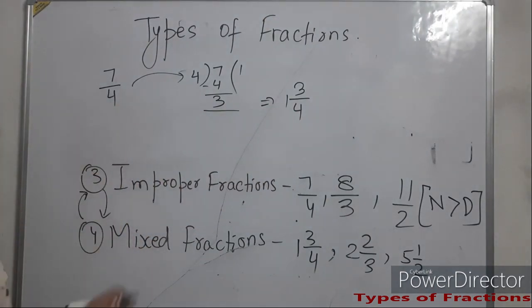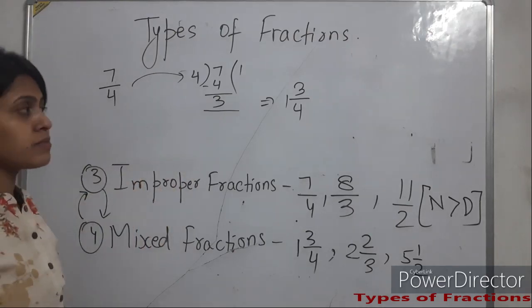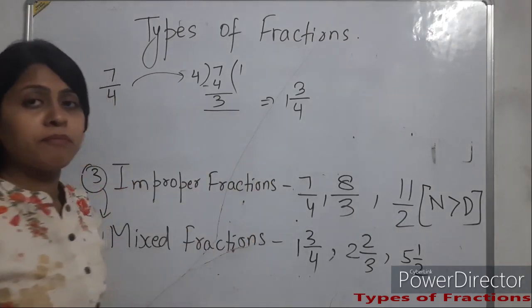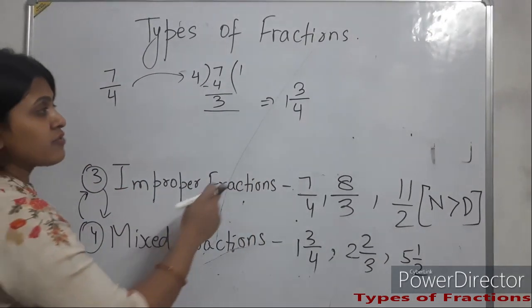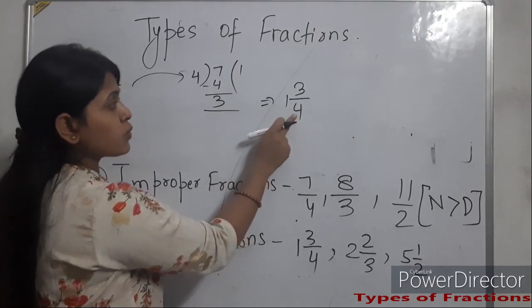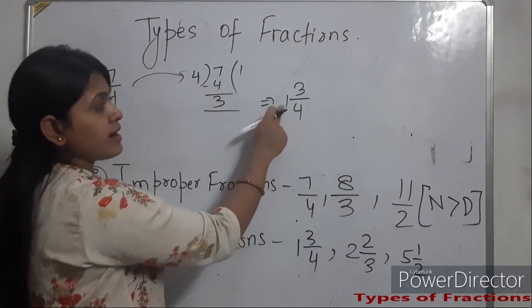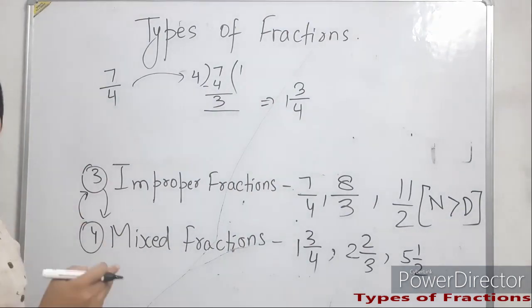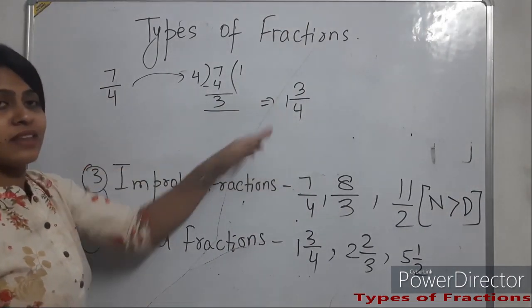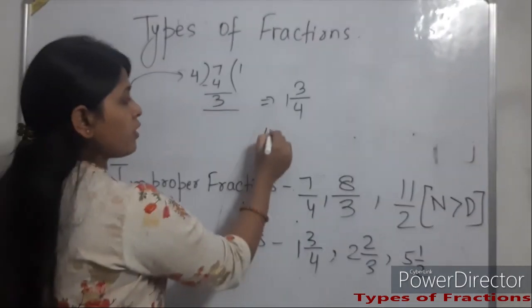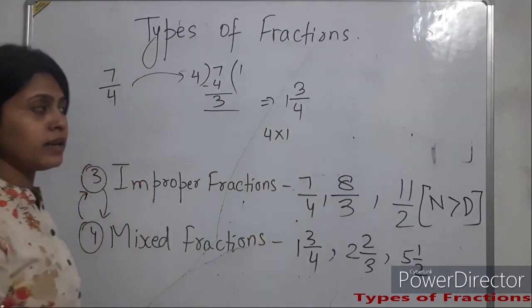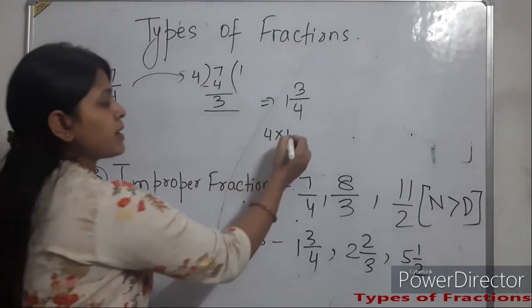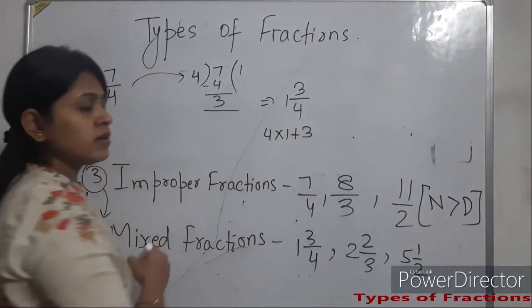How? Here we have to multiply the divisor and the quotient, like 4 into 1, and then add the remainder, that is plus 3.